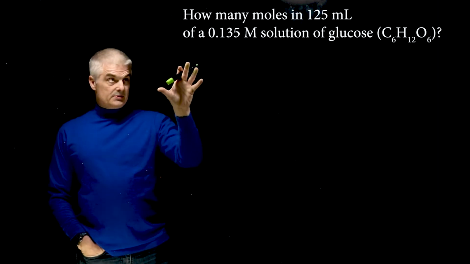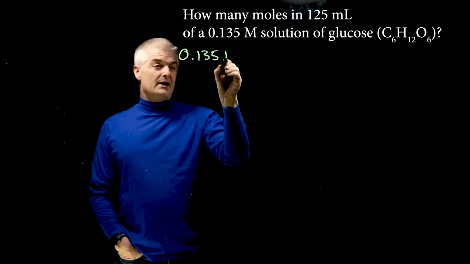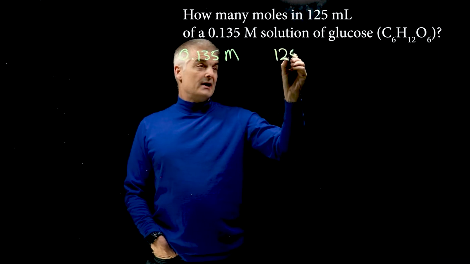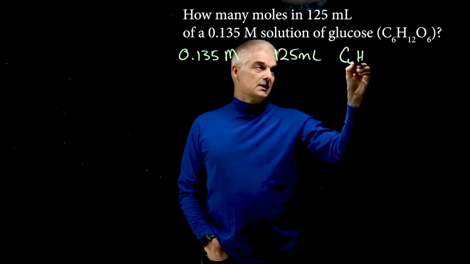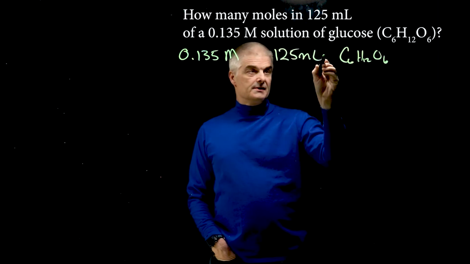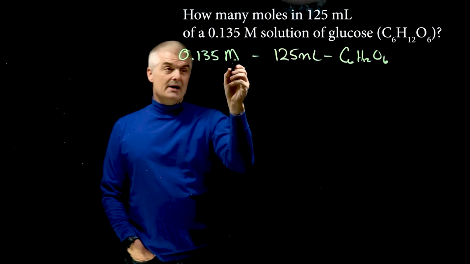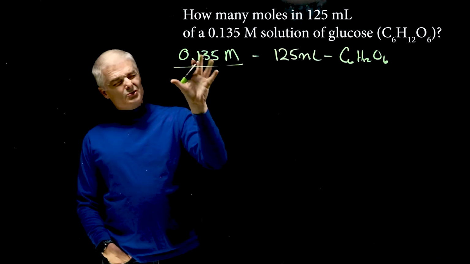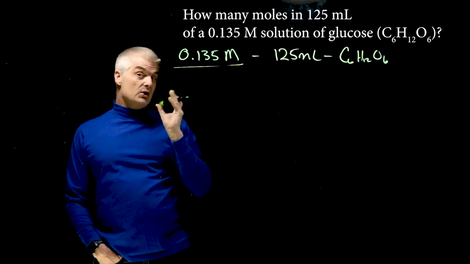Our next example: how many moles are in 125 milliliters of 0.135 molar glucose, C6H12O6? So I've got three factors. From this we could get the molar mass, the volume, and the mass. Now here's the real trick on this one. When you do the stoichiometric part, you don't want to leave it in capital M. You want to break it into what it is.